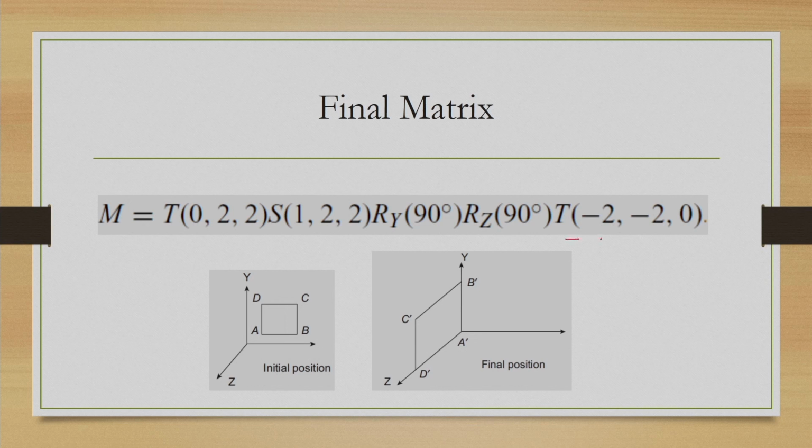That is, first is the translation to origin, then rotation about z axis, then rotation about y axis, then scaling up by 2 along y and z direction, then translation to the new origin.